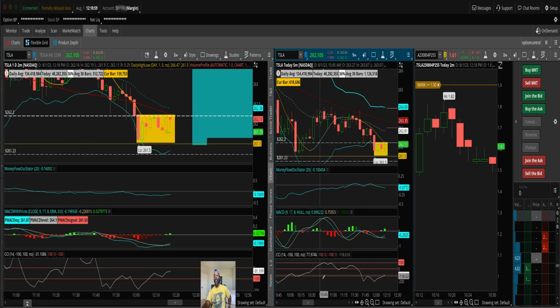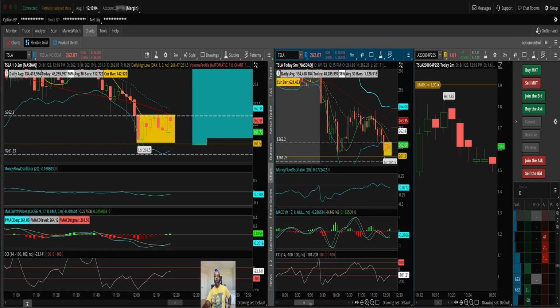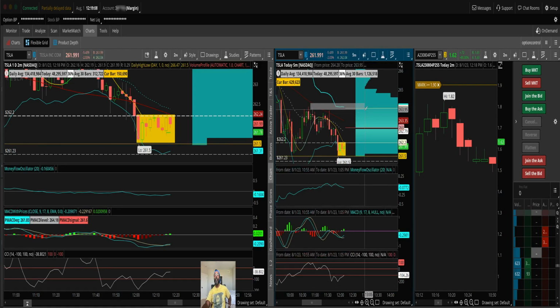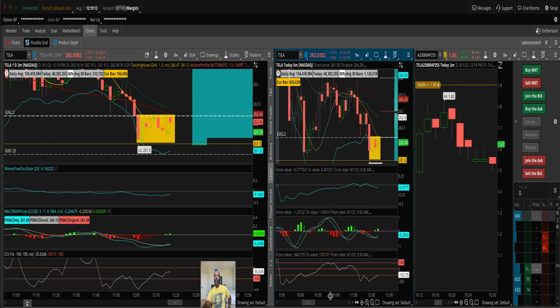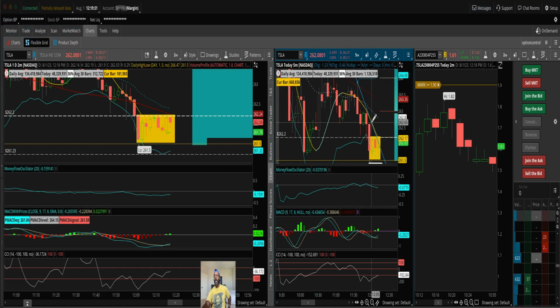We're on a 5 minute here. And look at the 5 minute setup here. Look at that channel right there in the 5 minute. I'm very precise with my channels because it tells me exactly what the algorithms are doing.